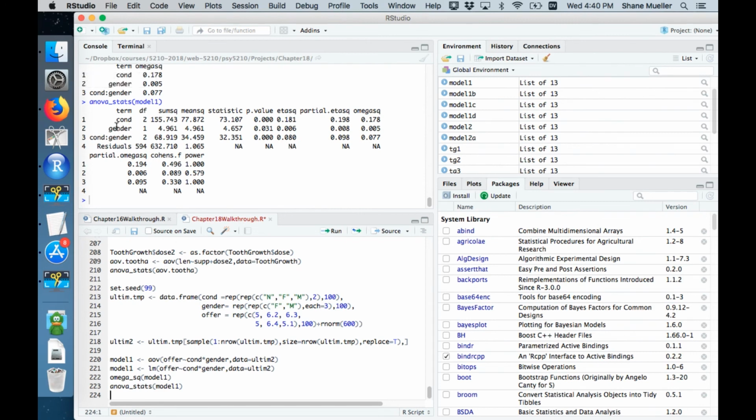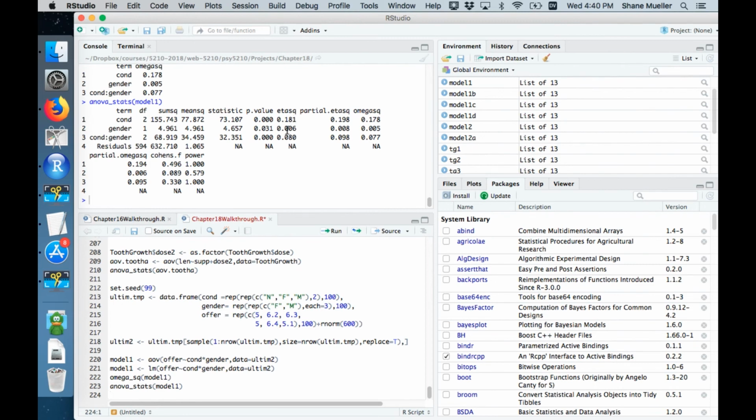So if we look at what happened here, this was the second ultimatum game where there was an interaction. We see that eta squared, the condition alone accounted for about 18% of the variance.